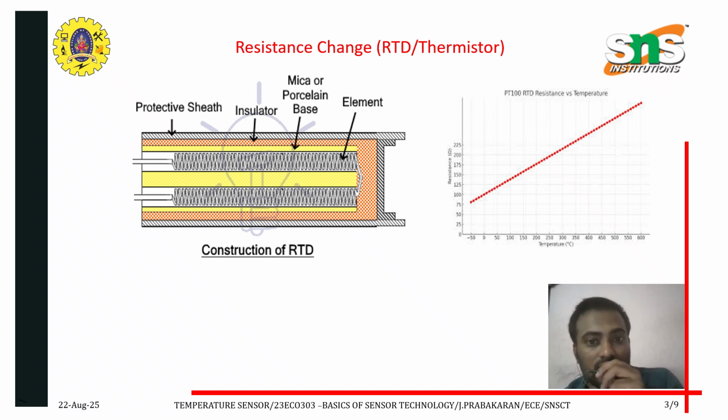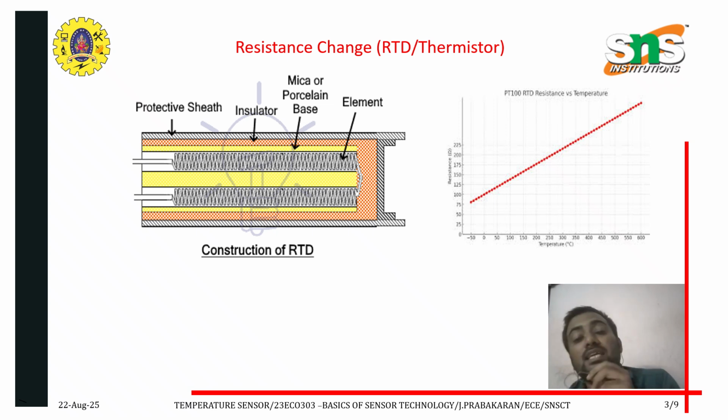Next, lead wires are connected for measurement, and its packaging is sealed for stability and corrosion resistance. This is the construction of the RTD.